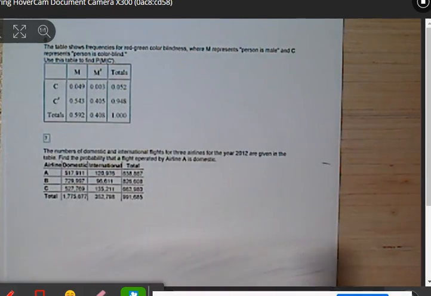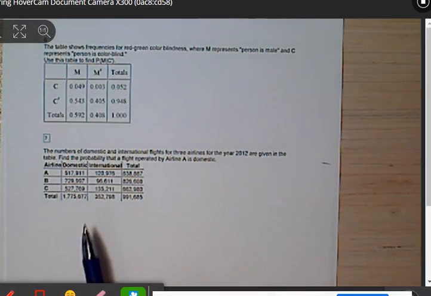Okay, and then the other chart is a little different version of it, but the same type of problem, just with different numbers. This one was airlines, and we've got domestic and international. You've got the different airlines, they just went A, B, C here. And this was for 2012.